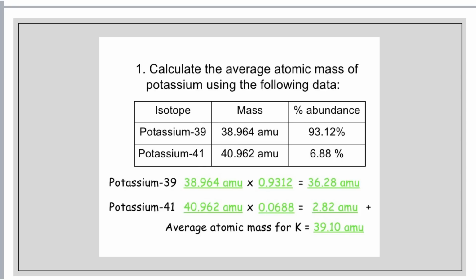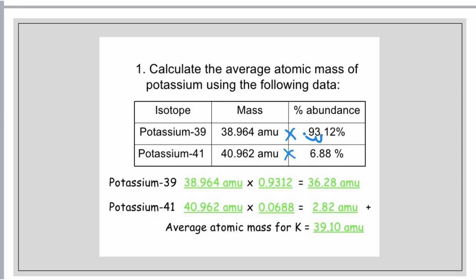To calculate that weighted average atomic mass, you need to know the mass of the different isotopes, and you need to know the percent abundance, so how common they are. And so what you're going to do is take the mass and multiply it by the decimal percent abundances. So you don't multiply it by the percent, but by the decimal.